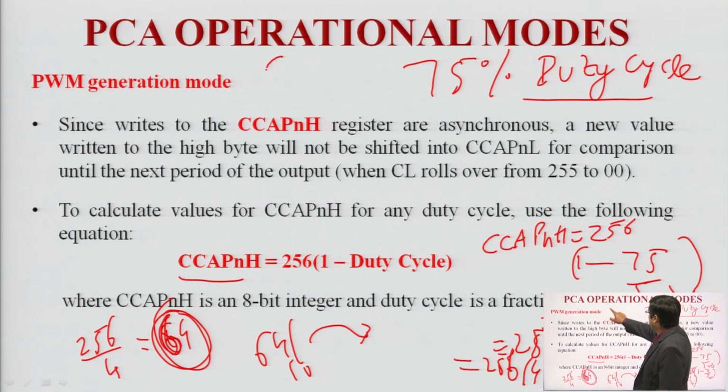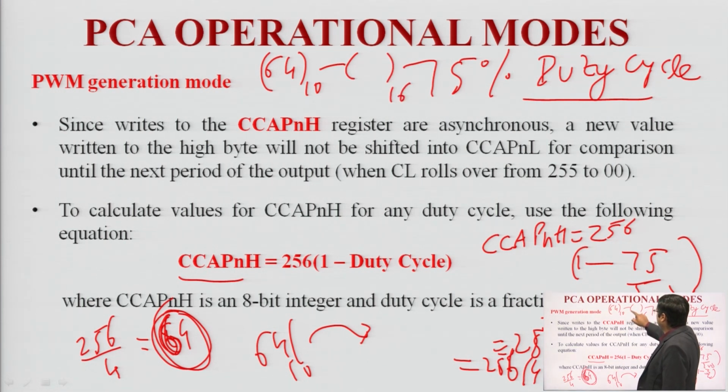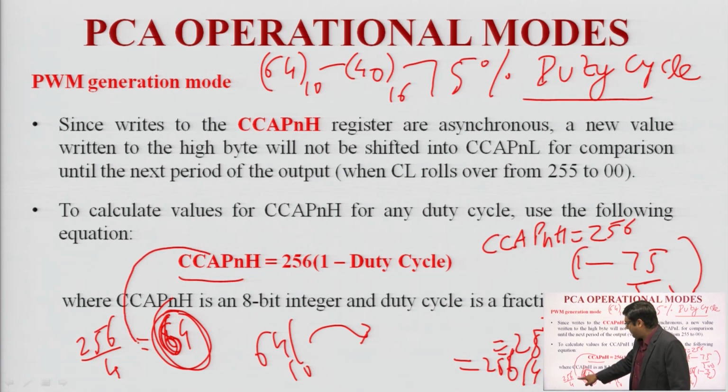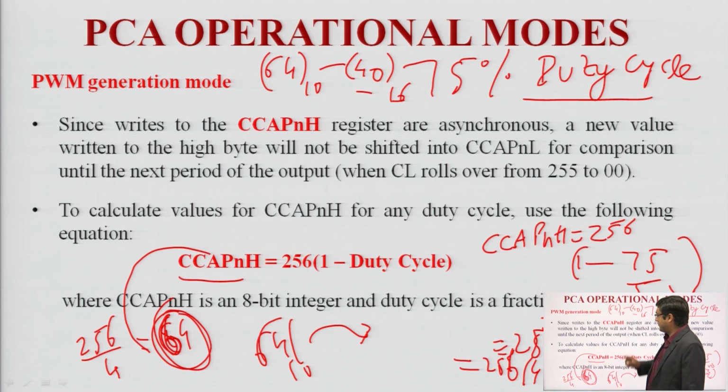So we need to convert 64 in decimal into hexadecimal. What will be the value? It is 40. So the value of CCAPnH is 64 in decimal and 40 in hexadecimal.